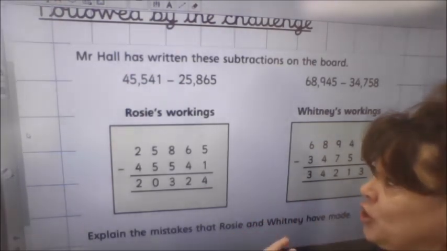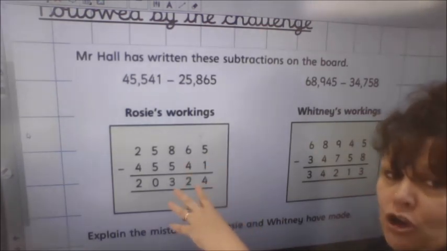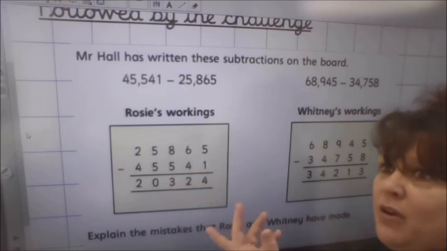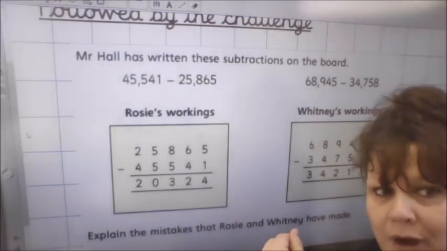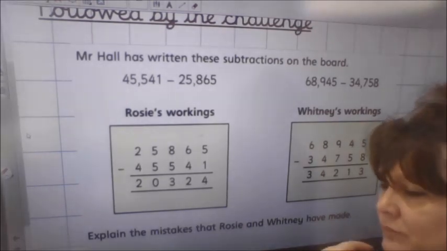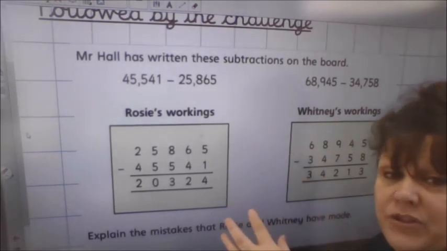So you may spot that there's been no exchange going on. We've not borrowed because they've missed that, and they might have done 0 take away 2 is 2. They might have just made an error with their calculation.